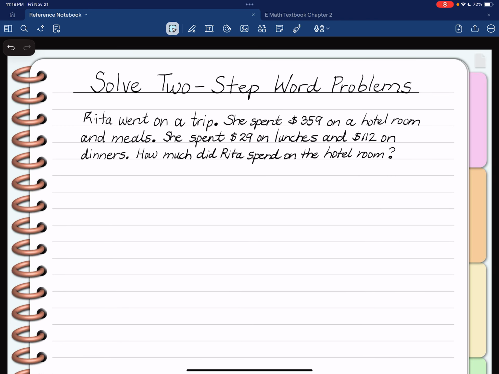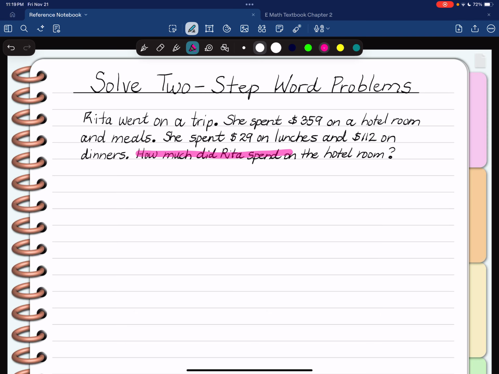All right, so let's break it down using the strategies you've learned for word problems. Highlight the question. How much did Rita spend on the hotel room? So the hotel room is the missing piece of the puzzle. So let's look at the other pieces.